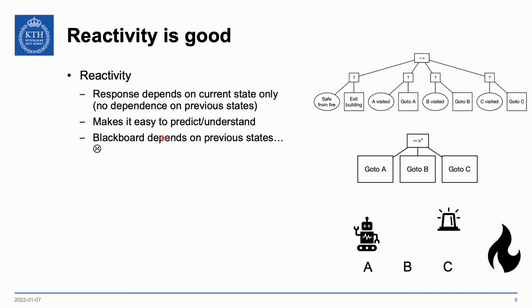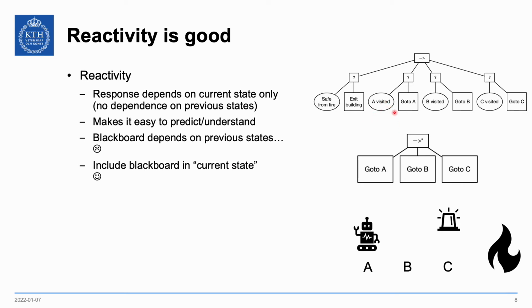Having a blackboard in some sense depends on previous states, especially in examples like this, where you have A visited, and you can't really see by looking at the scene whether A has been visited or not. So in that sense, you kind of reduce reactivity, but you can also argue that the blackboard is part of the current state of the world.